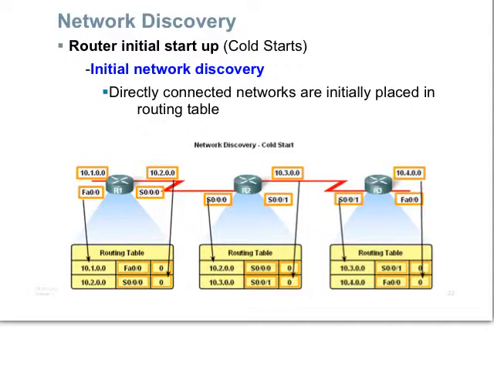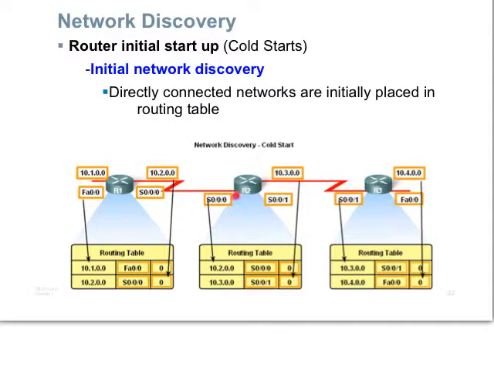Once you start the router, router 1 will know that there is a Fast Ethernet network connected on this port, and it knows that there is a serial PPP link connecting it to router 2 on this port. Okay? So that's the only information it knows at the beginning.